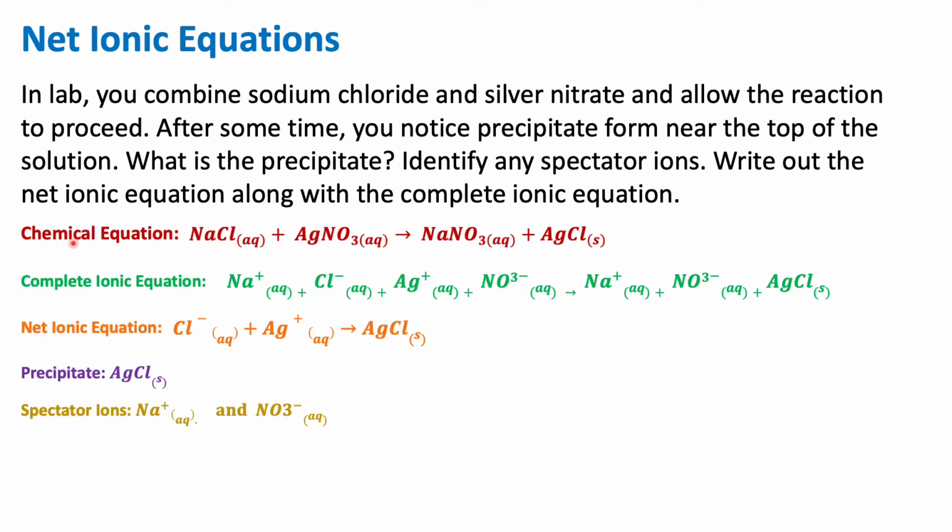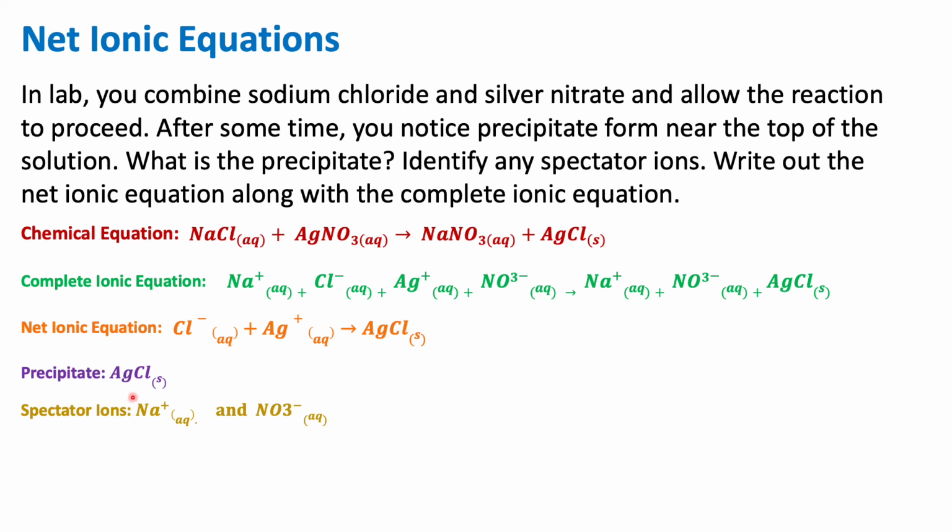Now over here we can see that our chemical equation was the overall equation of the double displacement reaction. Our complete ionic equation was when we dissociated everything into its cations and anions and labeled the aqueous, solid and liquid state of each. Our net ionic equation involves what was left over when we canceled everything out in our last step.